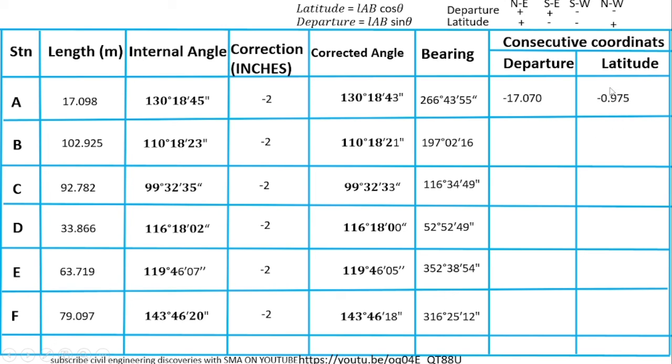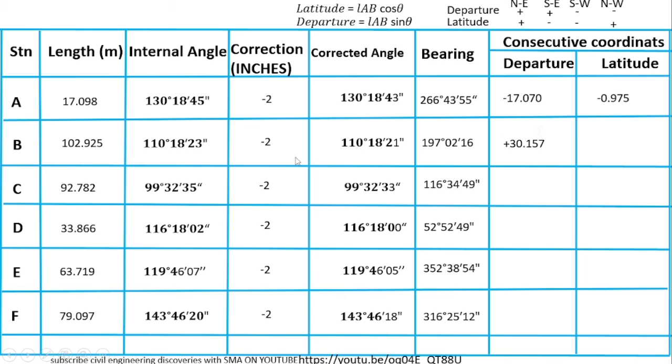In the same way we use the formula L cos theta, with the length 17.098 and the bearing 266 degree 43 minute and 55 second, so the value of latitude will be -0.975. The sign depends on the quadrant in which the value comes.